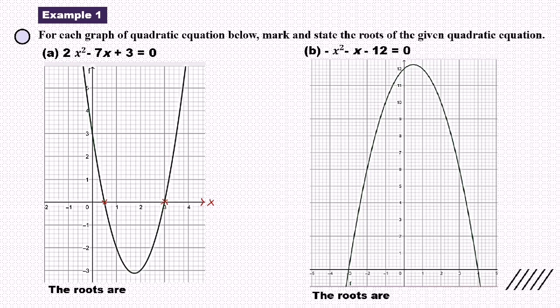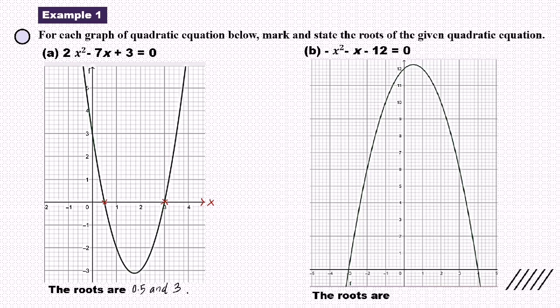Okay, so the roots are 0.5 and 3. We look at B here. Negative x squared minus x plus 12 equals 0.